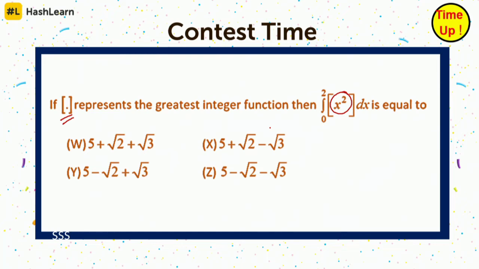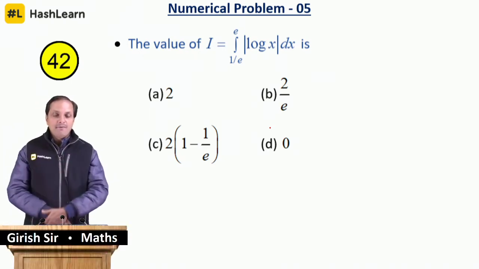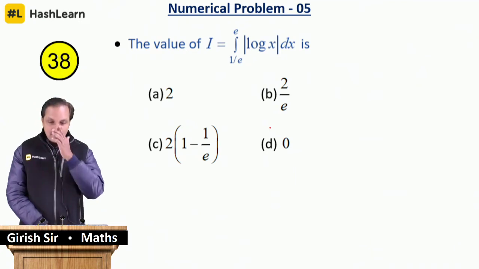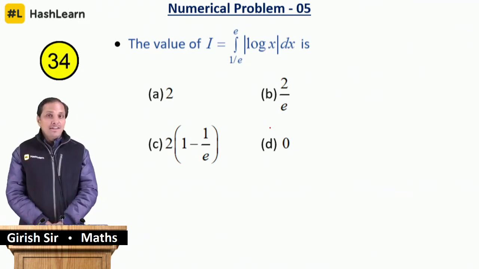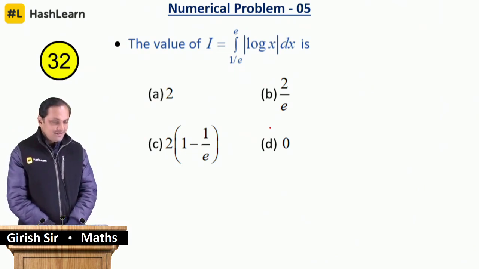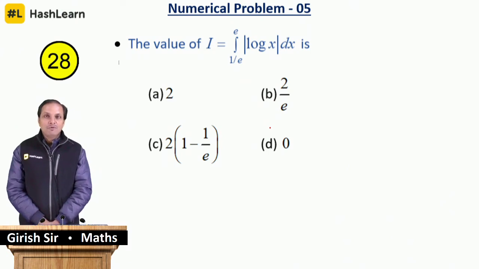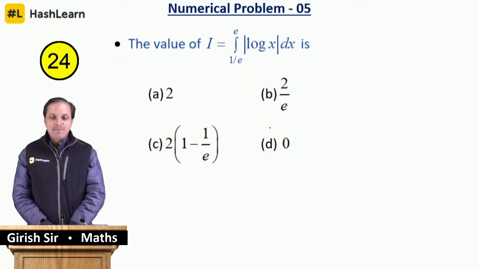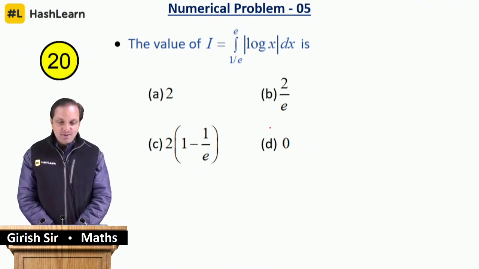Time up, students. Let's come to the next numerical, with 45 seconds. Come on, this is the same type which we have done a few minutes back. What is your answer? We did one problem where the limit was 1 by e to e square, log x by x, but this is only log x and the limit is 1 by e to e.